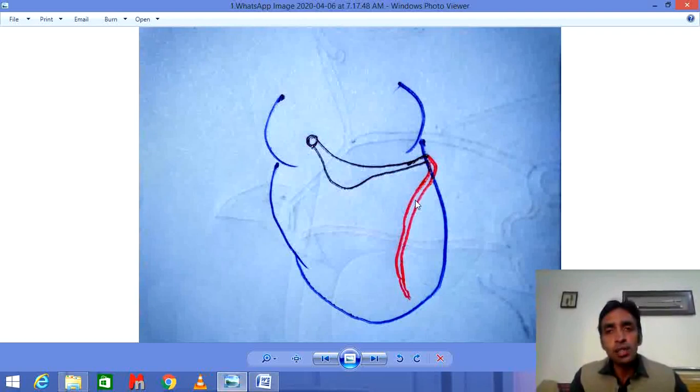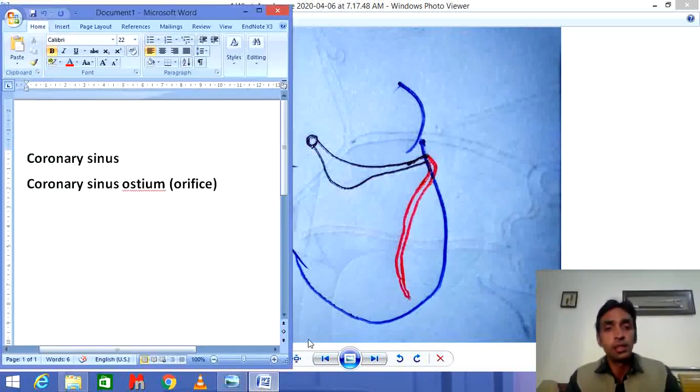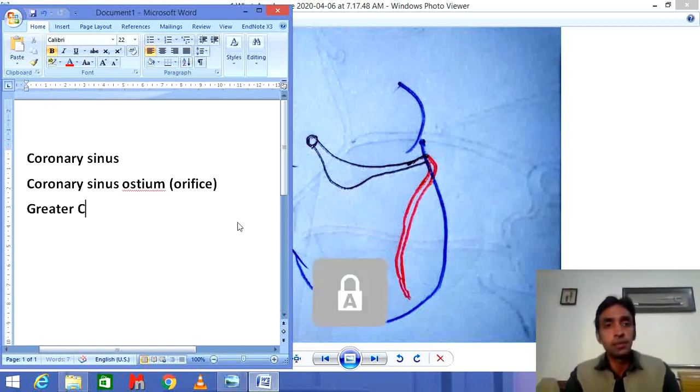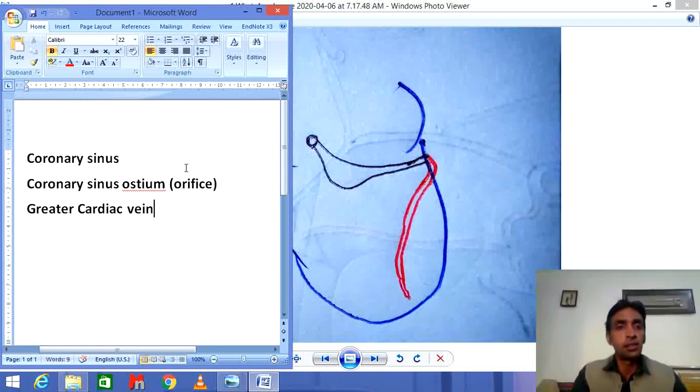On the anterior side of the heart, this blood vessel, which leads to the coronary sinus posteriorly, is called the greater cardiac vein.